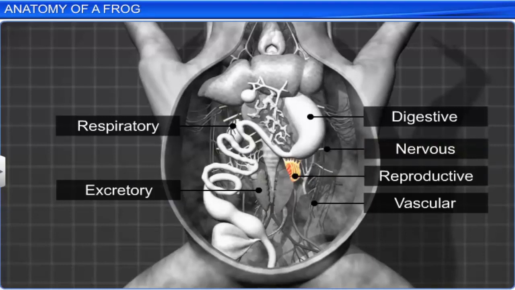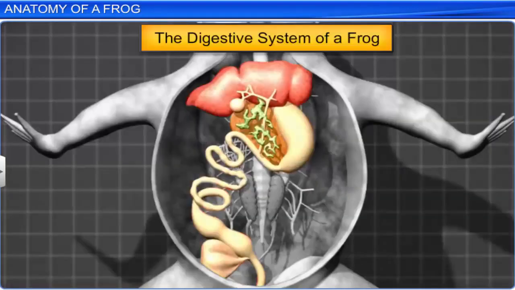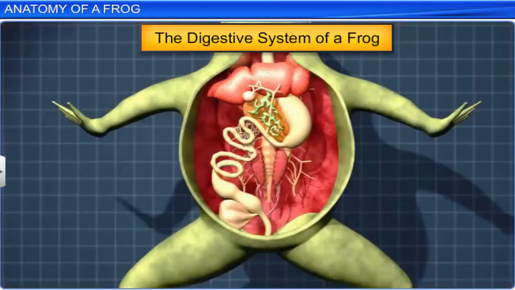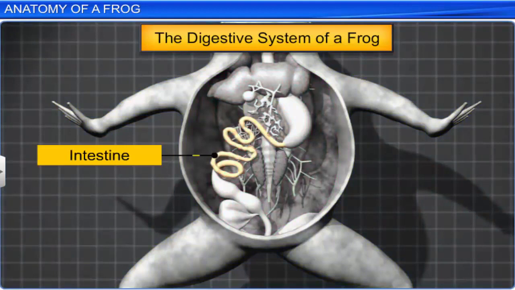Let's take a look at each system in detail. The digestive system consists of an alimentary canal and digestive glands. Frogs, being carnivores, the length of the intestine is reduced. This makes the alimentary canal short.